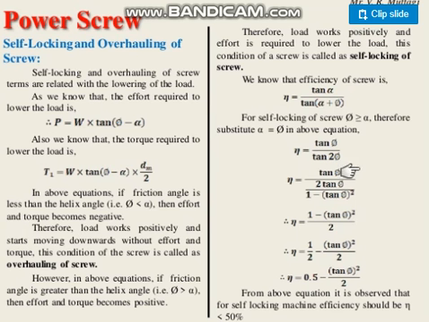If you have learned in trigonometry, tan 2 phi is equal to 2 tan phi upon 1 minus tan square phi. That is how it is.